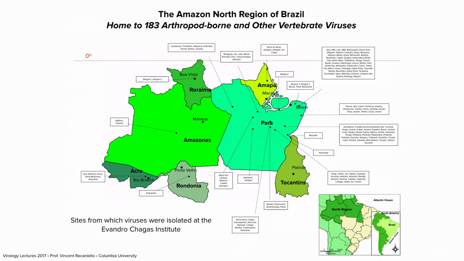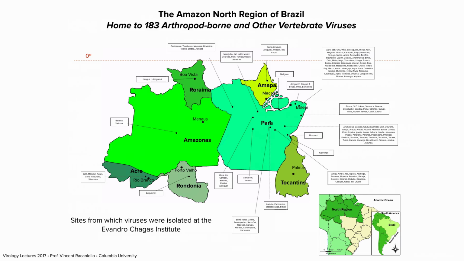These are the different areas, and these in print that you can't read, I understand, are the names of a variety of viruses that are known to be present here. 183, this is a few years old now, so it's probably out of date. Some of these have actually been isolated. Others, there's other evidence that they are circulating. But you can see many, many viruses.